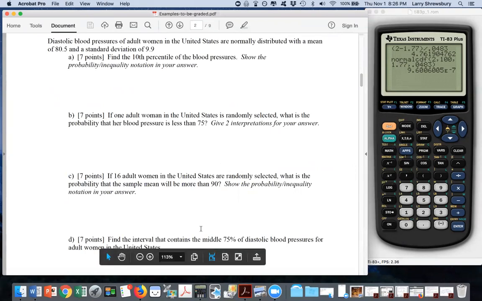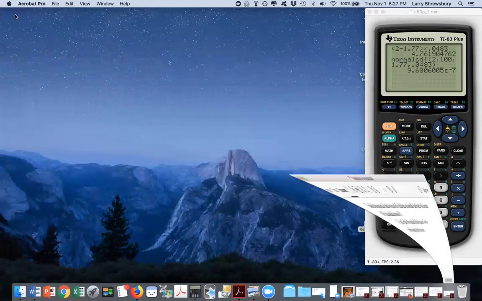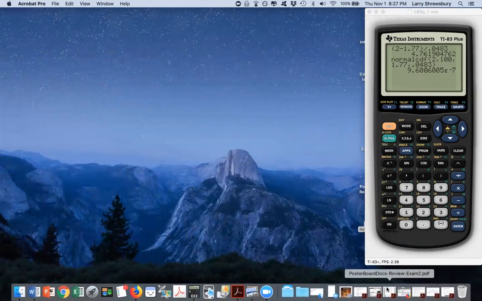This is finding an interval that contains the middle 75% of this population. So this is a population distribution problem. And you want to find the middle 75% of the population. And of course, you want to find the interval. And hopefully you know who can do that for you. Your good friend inverse norm. So anyways, let's go take a look at the student's work and see how it's going to get graded.